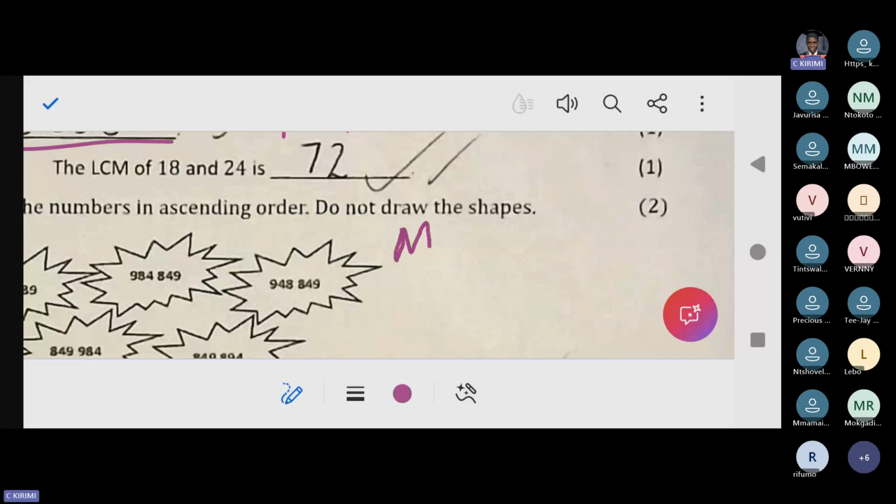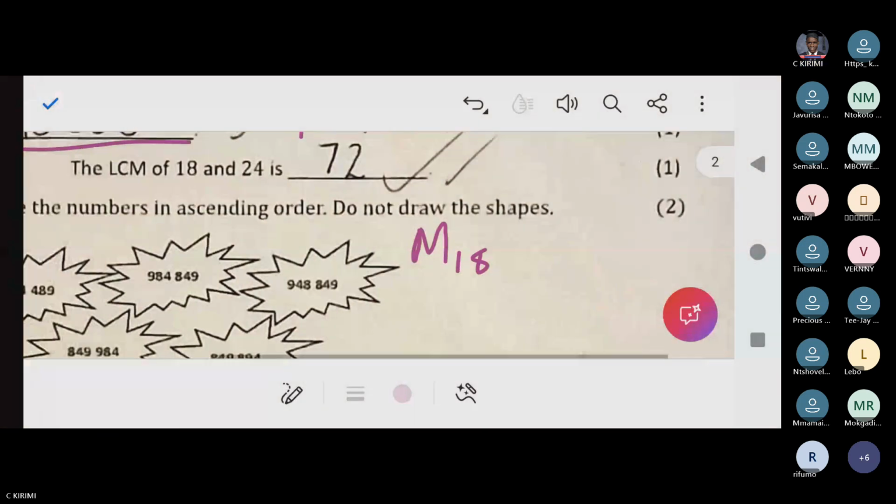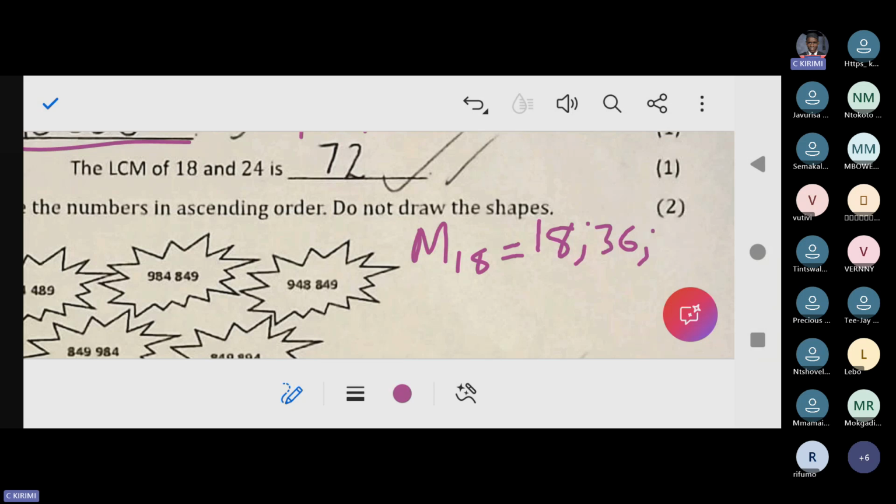And then the multiples of 24, where we keep on adding 24. So the multiples of 18 are: you add 18, the first one, 36. Then when you add 18 again, you have 54.